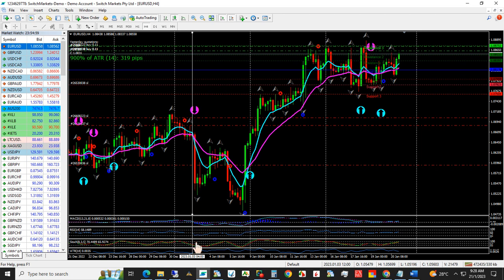If we look at what is happening here, we will have a cross down of the MACD from here, which is an early warning sign, but we don't follow all these signs when we are in a bullish market. We consider these to be a retracement, a pullback, and then we look to see how it reacts on the 21 EMA.